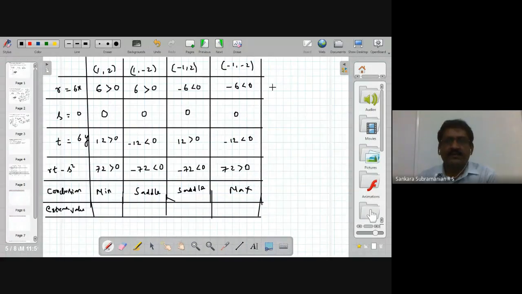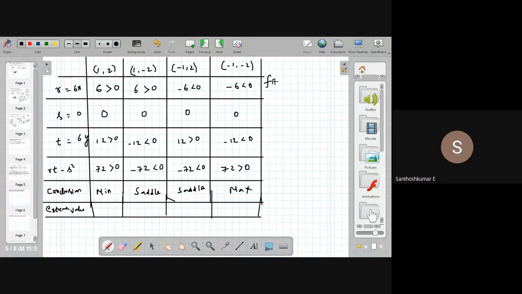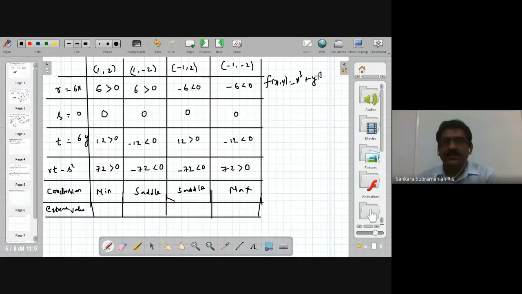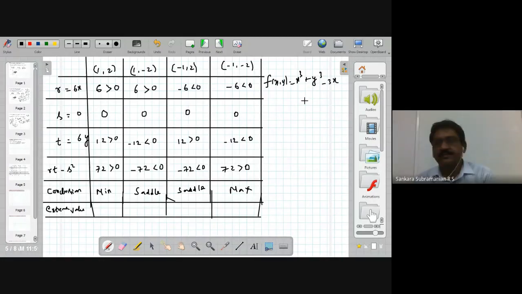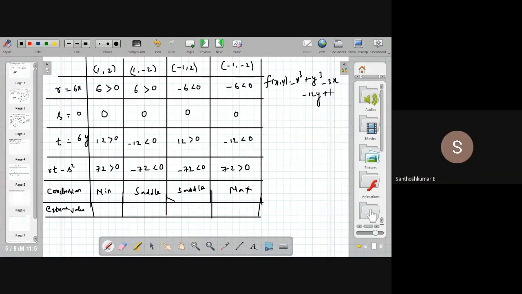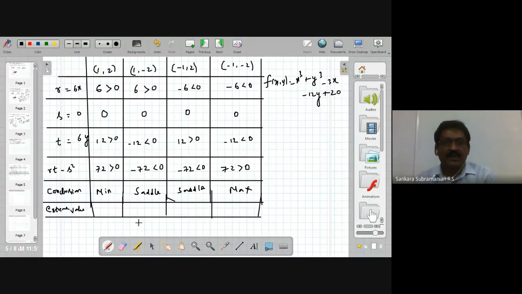So what is the function? f of x comma y is x cube plus y cube minus 3x minus 12y plus 20. Now, this saddle point has no maximum, no minimum value.